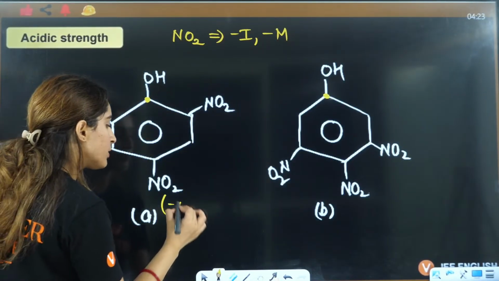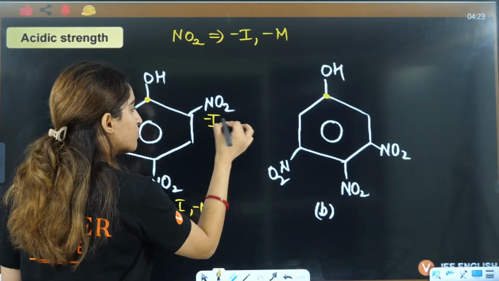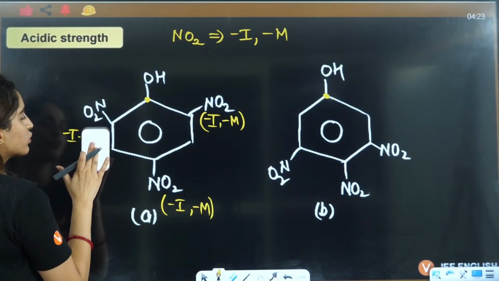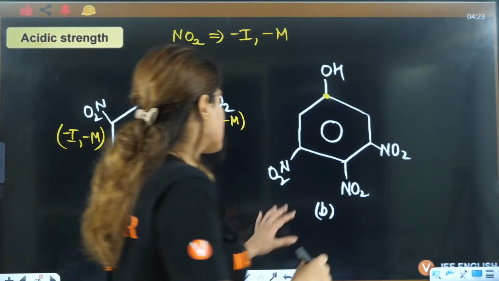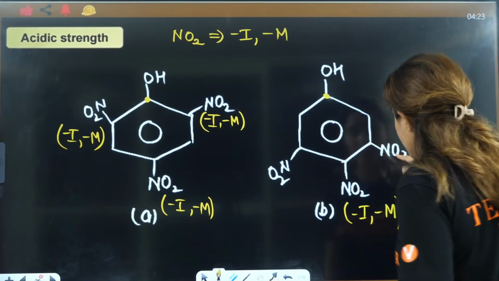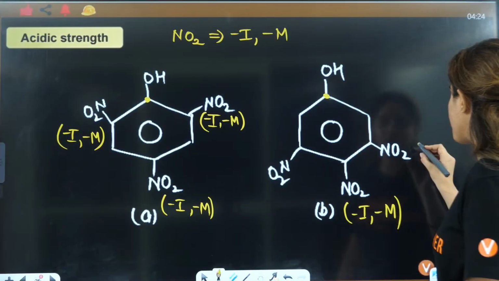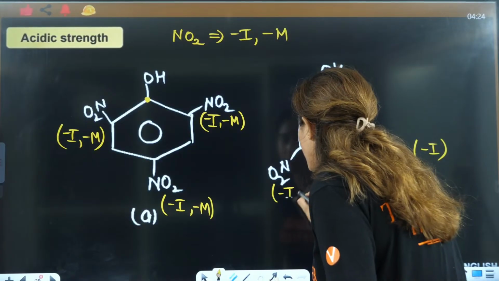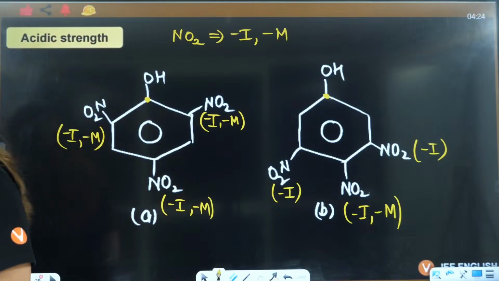So here both will be obeyed, minus I and minus M. Here also minus I, minus M, both will be obeyed. In this case, at para position, minus I, minus M, both will be obeyed. At meta position, because mesomeric effect is not valid, only minus I will be obeyed. Here only minus I will be obeyed, because it is not valid, right?